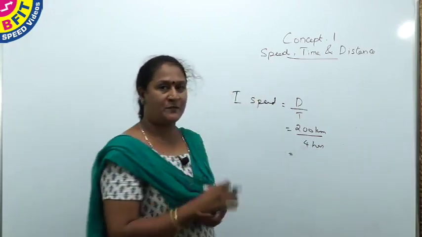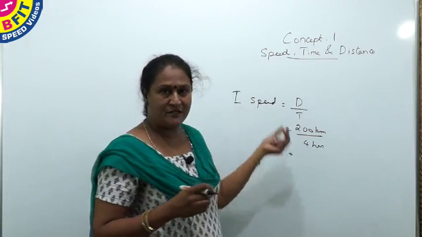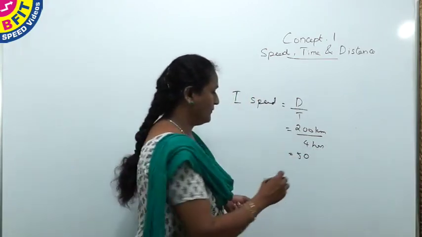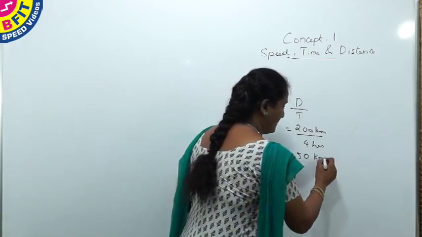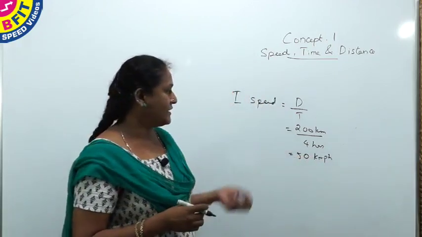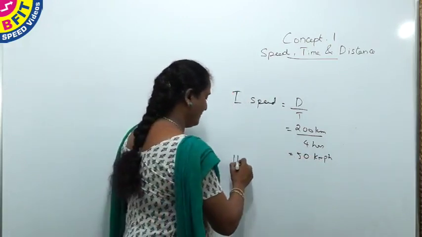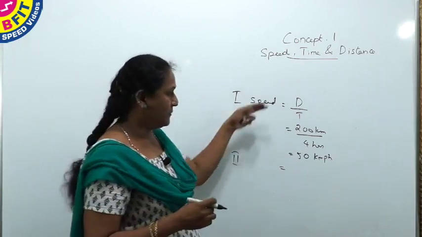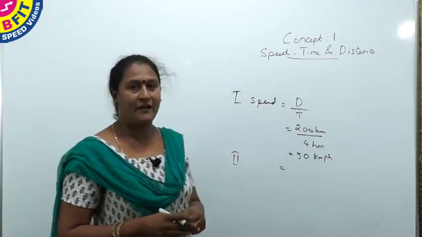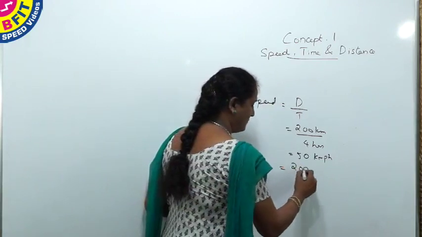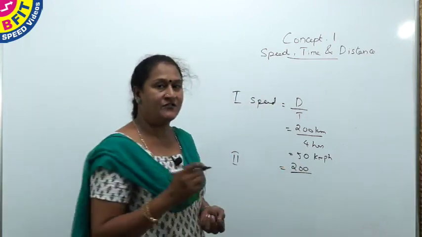So what is the speed here? Dividing the distance by time, we get 50. So speed here is 50 kilometers per hour. On the second day, to calculate the speed, the same distance is covered with different timing. Here the distance is 200 and the time taken is 5 hours.